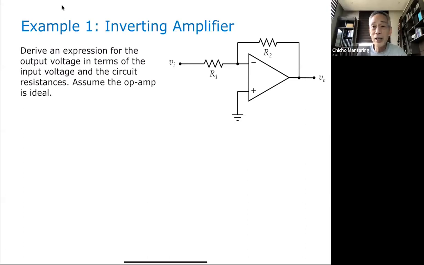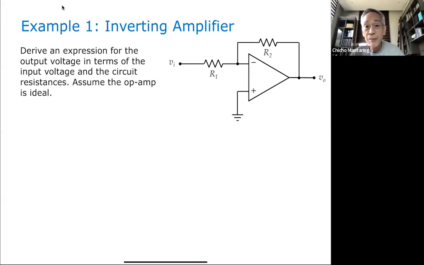So, okay, what is the problem? We're going to derive the relationship between the input and the output for this inverting amplifier. Derive an expression for the output voltage in terms of the input voltage and the circuit resistances. Assume the op-amp is ideal.